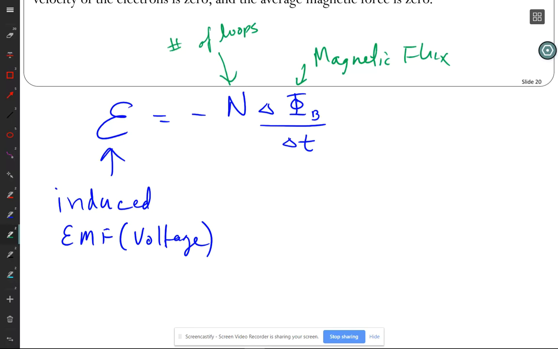So what is magnetic flux? I have lots of slides devoted to it coming up, but it is the amount of magnetic field going through a surface. So your loop is defining the area of the surface, and the flux is how much magnetic field is going through that surface. We're going to have to look at how to calculate that in just a moment.